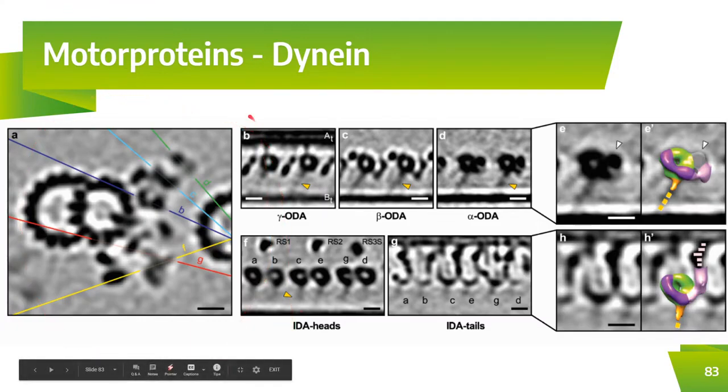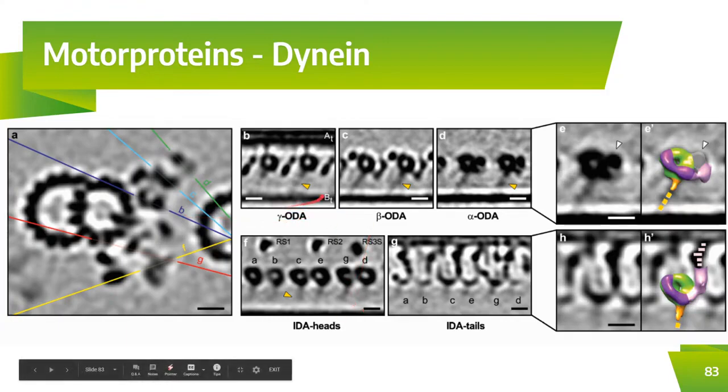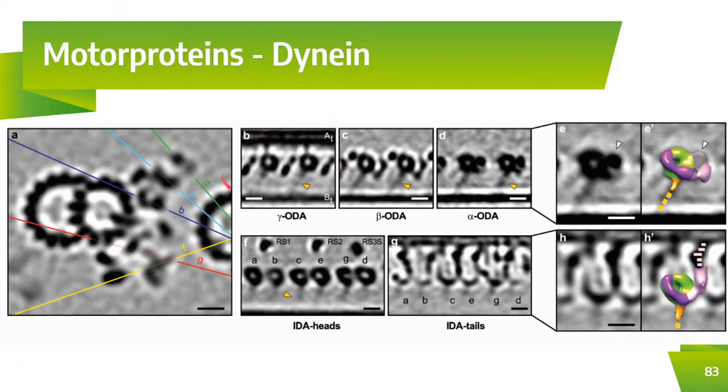I'm going to talk a bit about it in the coming slides, but this is a cryo-EM picture of an axoneme. Basically, what is inside of a flagellum or a cilia, right? So the structure of it. And there are two rows of these dynein proteins.